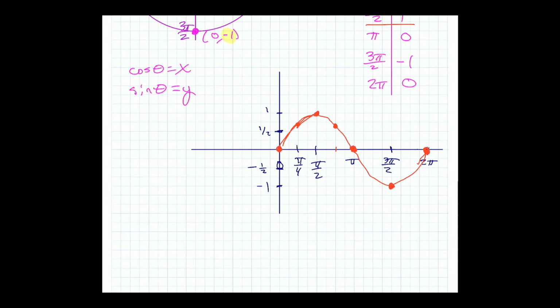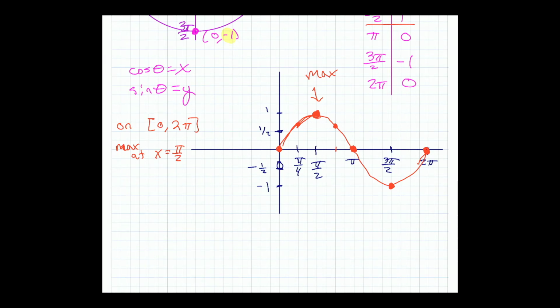Let's summarize some information. On 0 to 2 pi, that's what we plotted. The maximum value is 1 right here. That's where the maximum is, at x equals pi over 2.